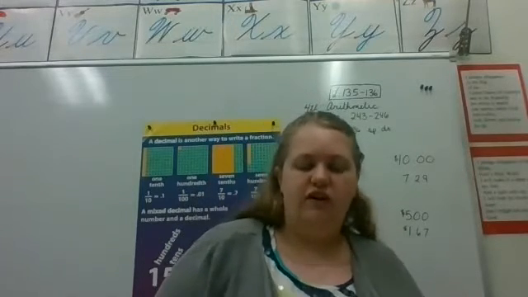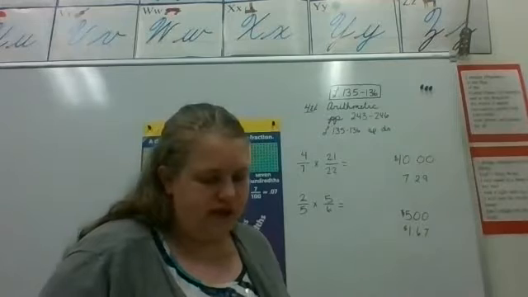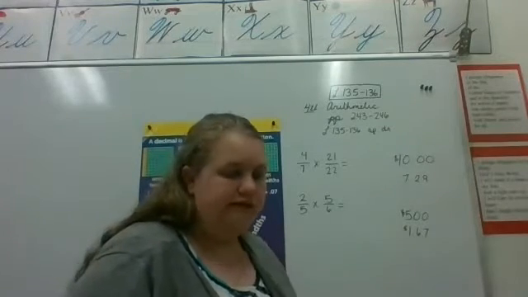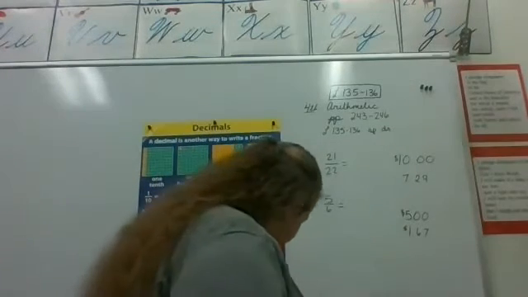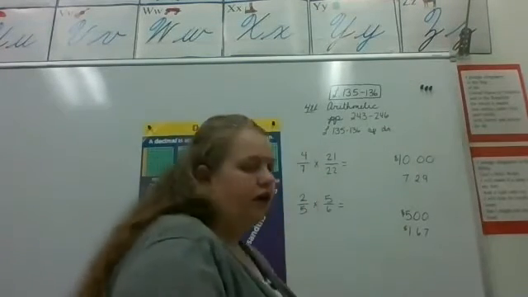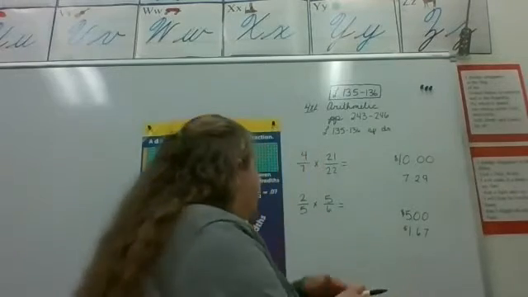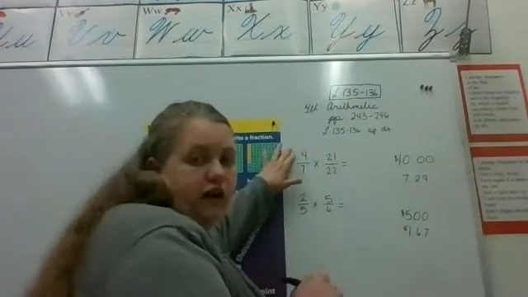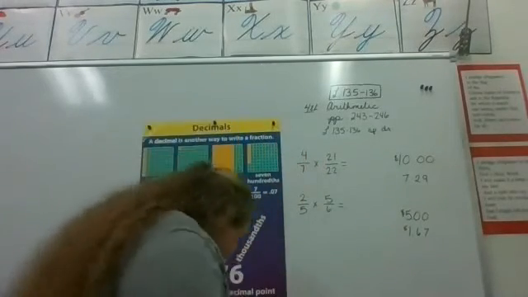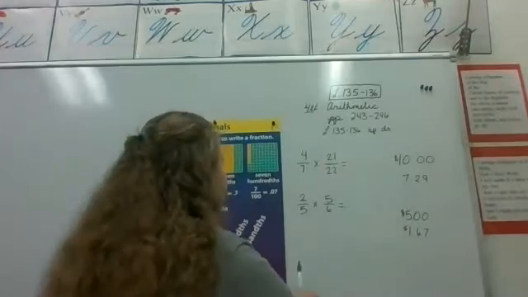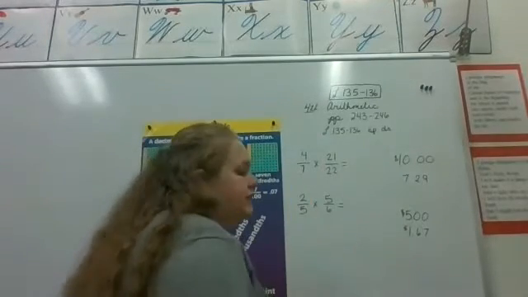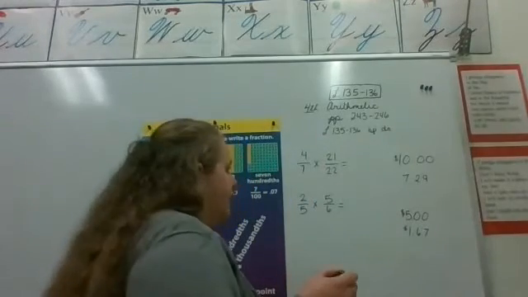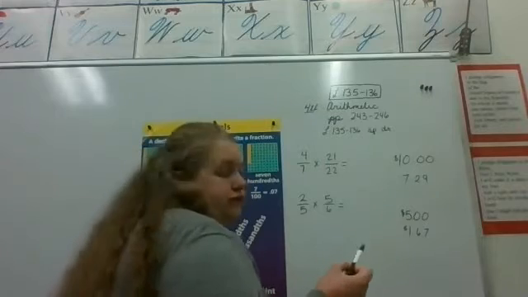All right, so looking at lesson 135 page, we're going to review on the board with some of our multiplication of fractions. When we have a fraction that we are multiplying, we need to check to see if we can cancel, right?